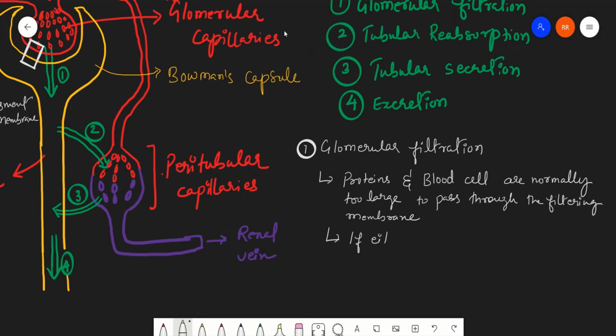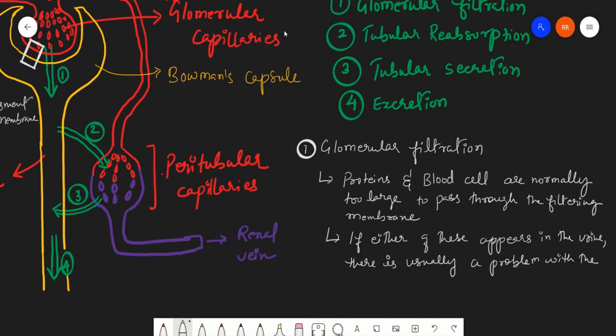Suppose either of these appears in the urine, that usually means there is a problem with the glomerular filter.